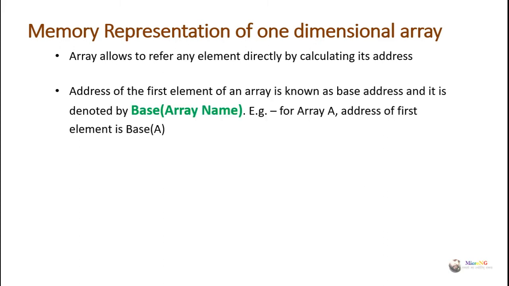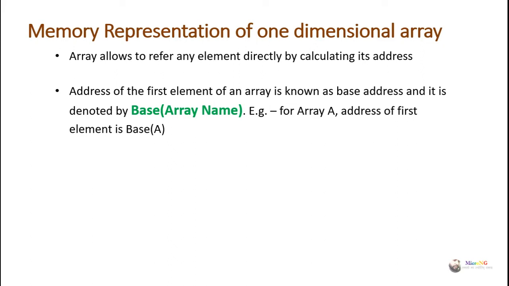Address of first element of an array is known as base address, and it is denoted by base of array name. For example, for array A, the address of first element is base of A. So base of array name indicates the address of the first element.